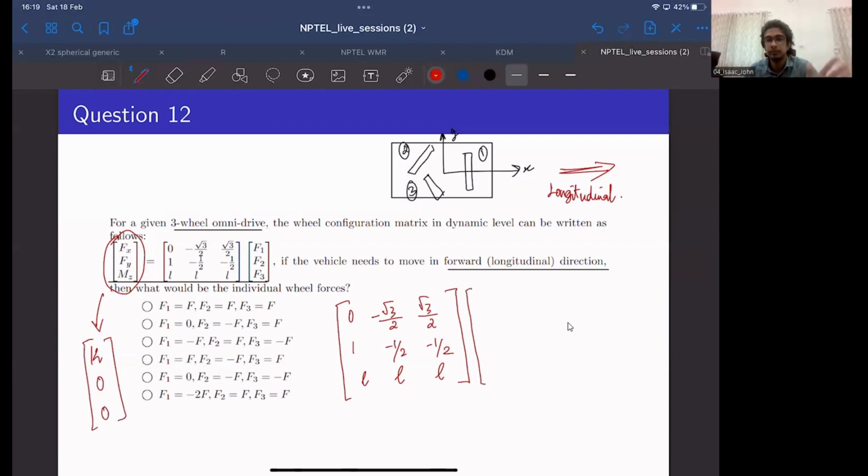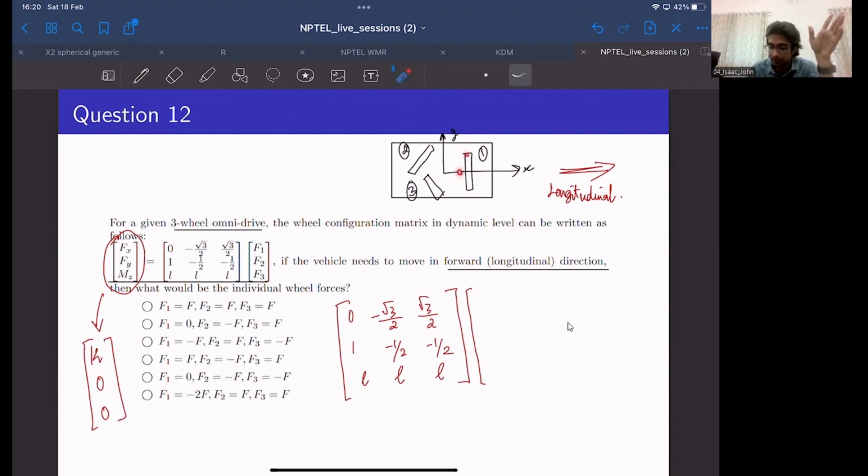And instead of going through all these options, we'll simply eliminate some of the non-intuitive options. So if we want the robot to move in a longitudinal direction, we would essentially want this wheel to be not rotating. If this wheel is rotating, then the robot will have a component along y-axis.